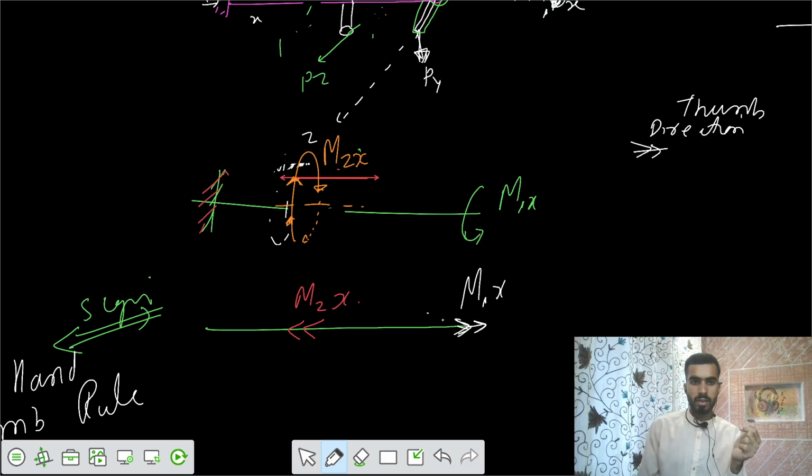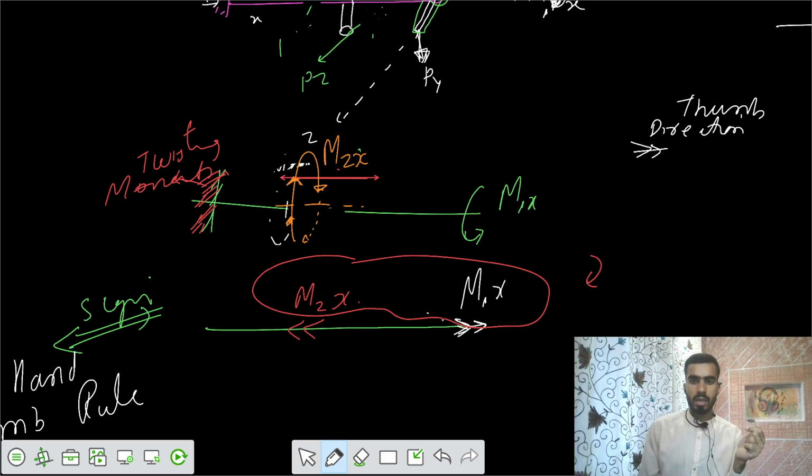Now you have this fixed support, so it would resist that twisting. It would resist those twisting moments. Let's say there we have developed some moment. The net value of these is m net. Let's say the m net is in the clockwise direction.